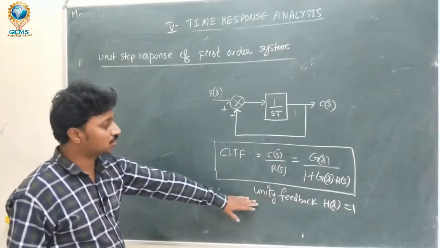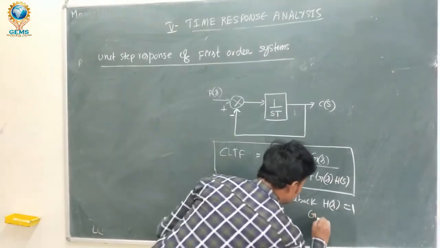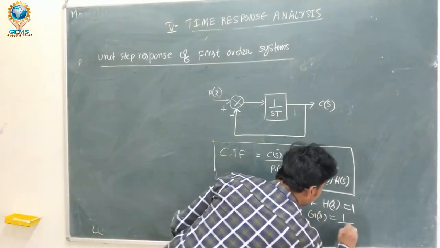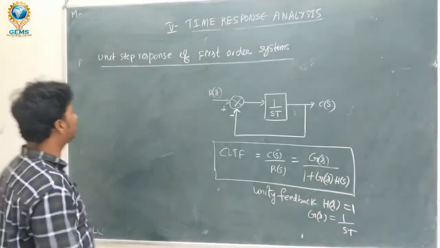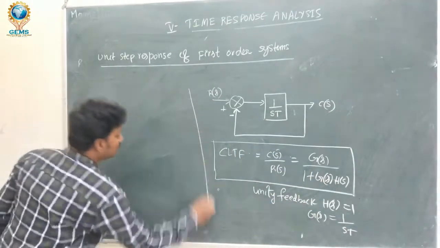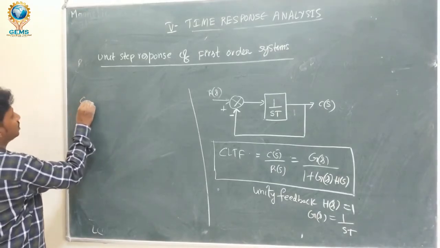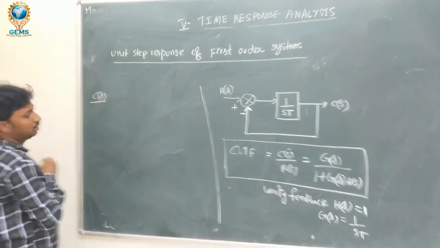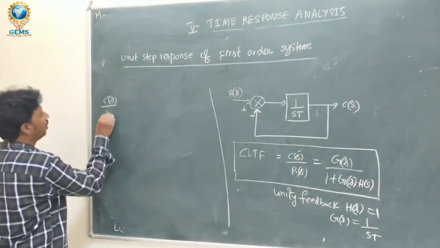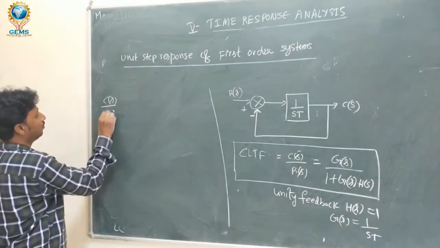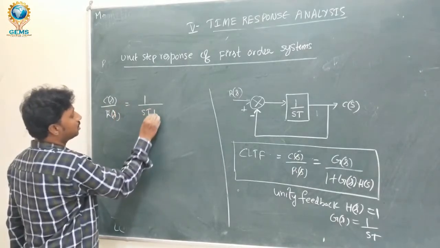If we substitute G of s and H of s in this equation, you will get C of s by R of s is equal to 1 by ST plus 1.